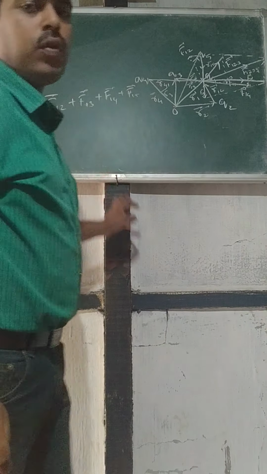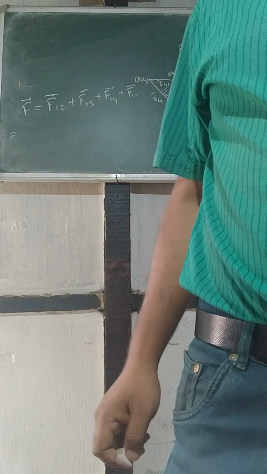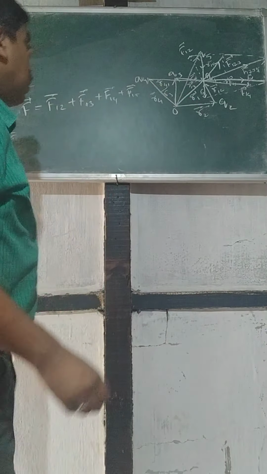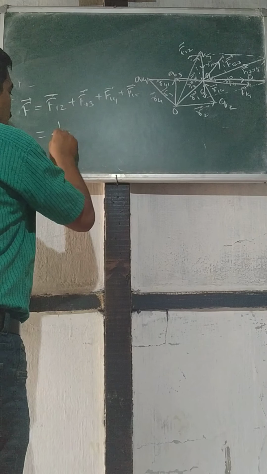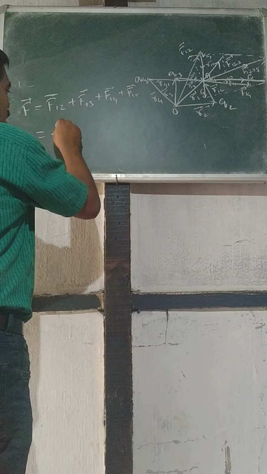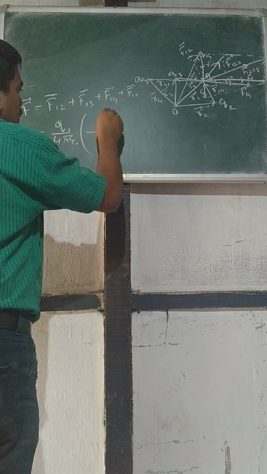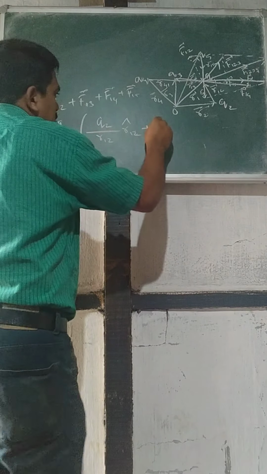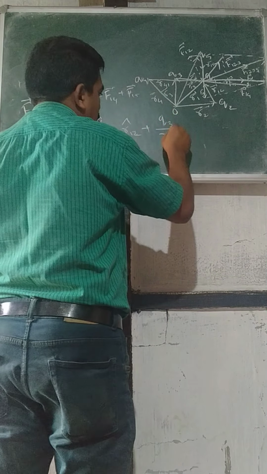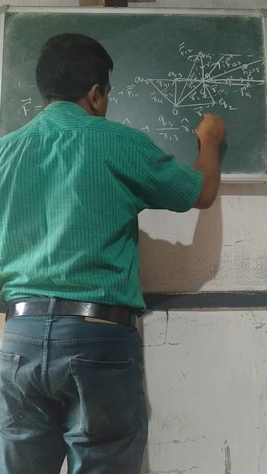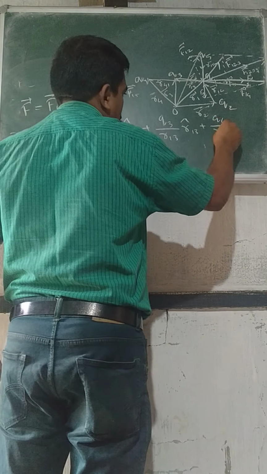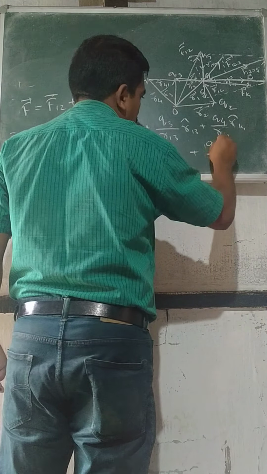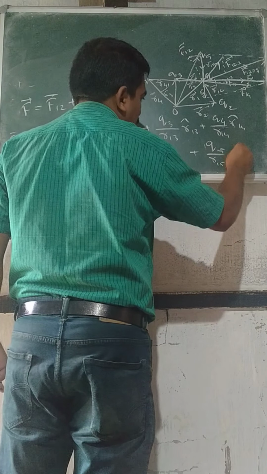The total force is the vector sum of the individual forces. Now we can write down the values of the individual forces. It will be 1 by 4 pi epsilon naught, Q1 we can take common, Q2 by R12 cap plus Q3 by R13 cap plus Q4 by R14 cap plus Q5 by R15 cap.